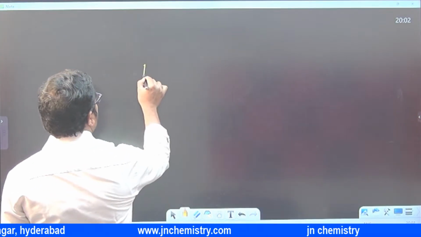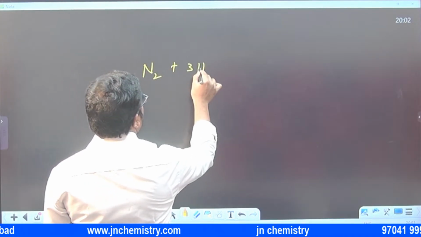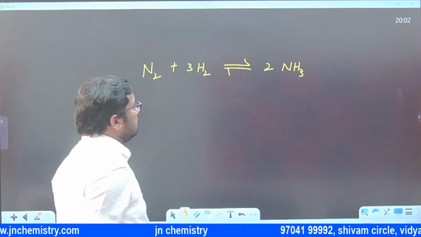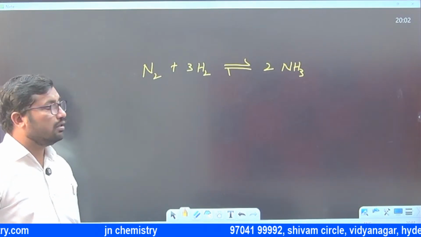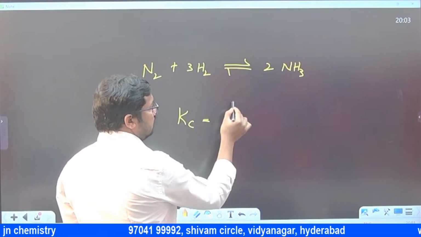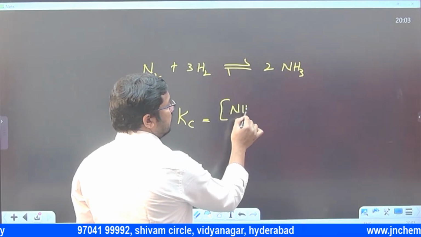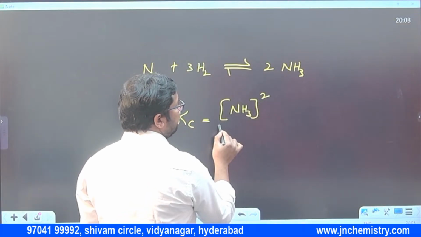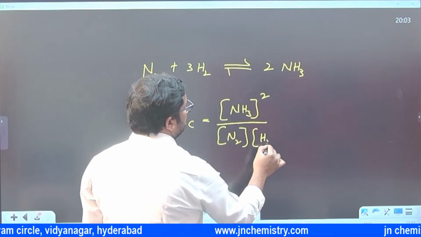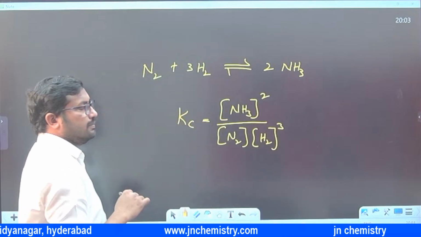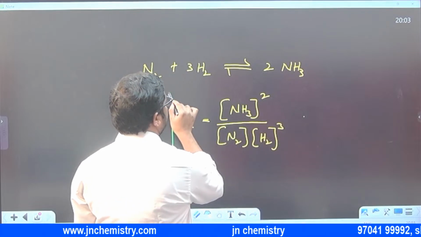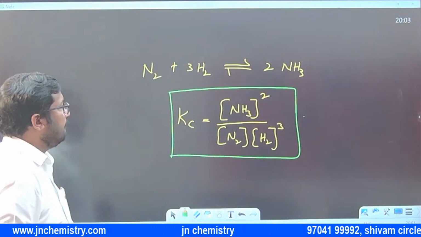For example, N2 plus 3H2 gives 2NH3. How can we write Kc? Kc is equal to the concentration of products, NH3, with whatever coefficients are there as powers, divided by the concentration of N2 and H2 to the power 3. Got it?